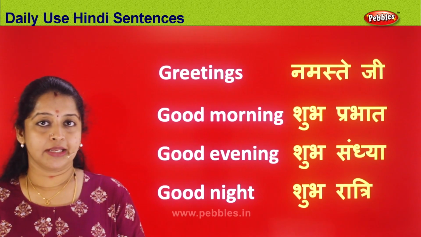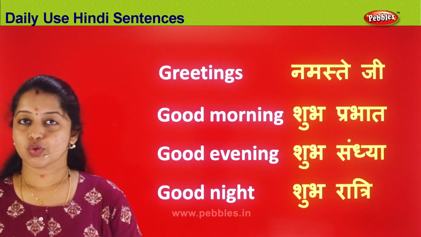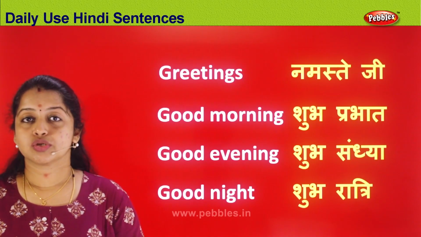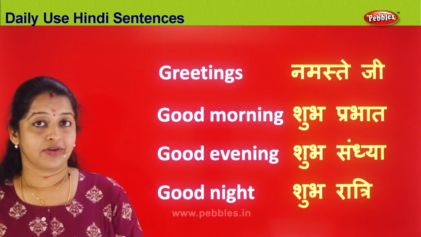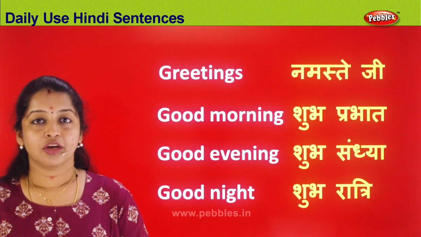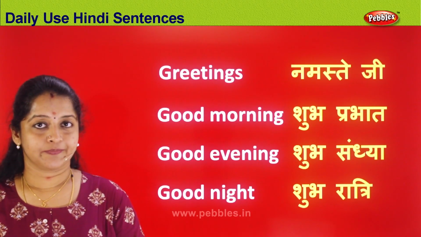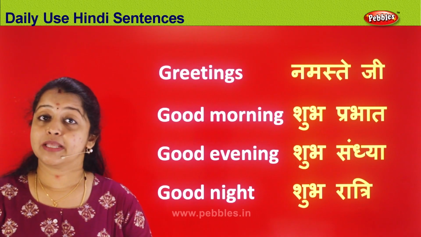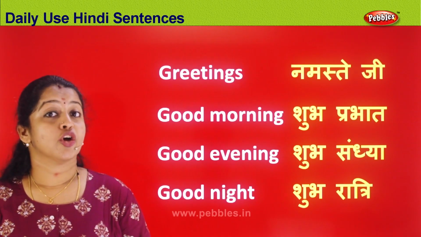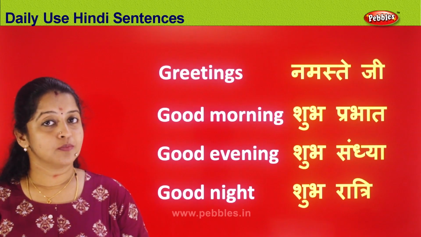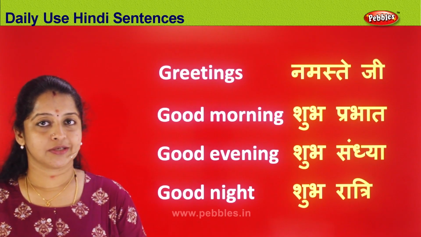Good evening daddy, good evening mummy. In Hindi, if it is your dad, you say Shubh Sandhya Pitaji. For daddy you say Pitaji. And if you are calling your mom, you say Shubh Sandhya Mataji.